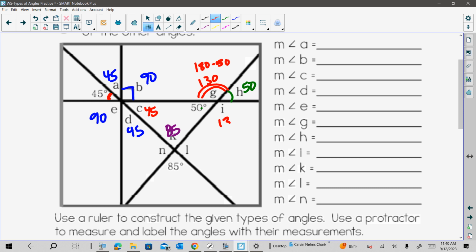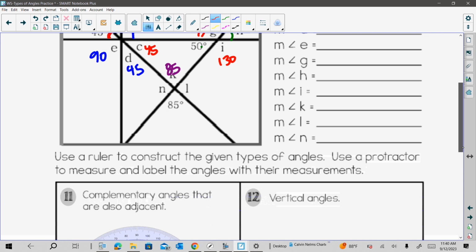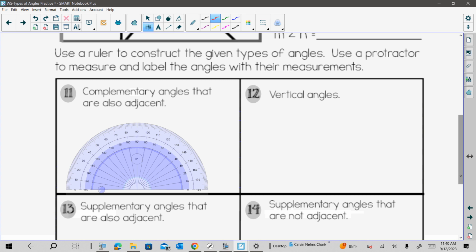I is also 130 because it's vertical, yep. Now, after you find each angle measure, you just list them, you should be done. The bottom half requires you to draw and construct.